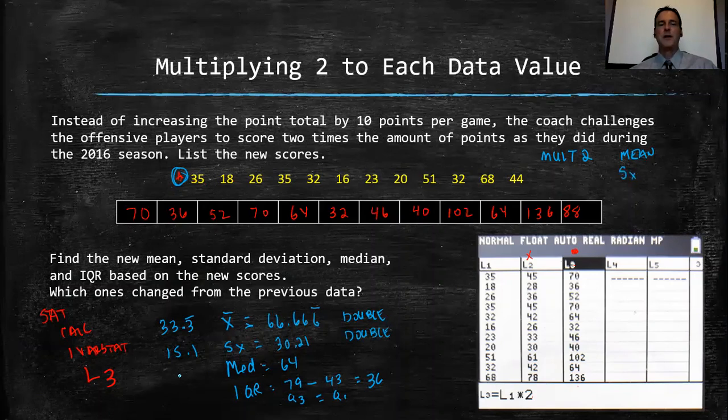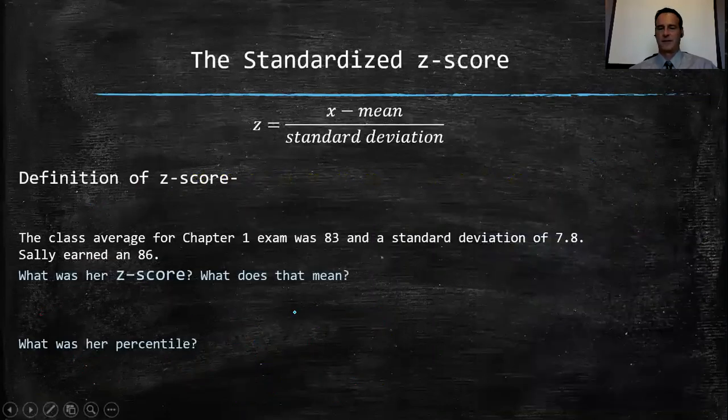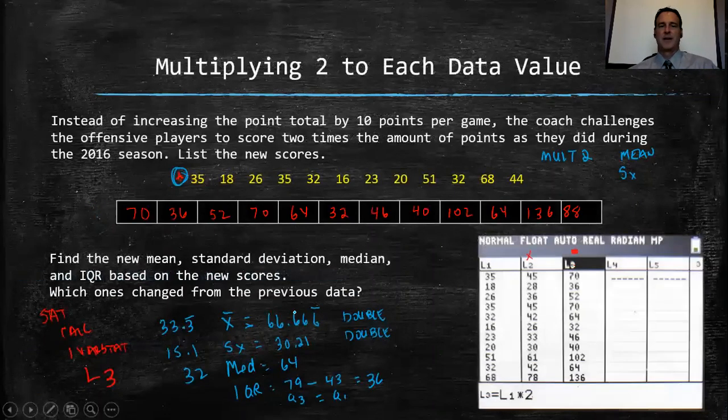Our median before was 32 for the original data. Now it's 64. I don't know why it's doing that. This is also a double. So it does affect your median. And your interquartile range, it did give me a new Q3, a new Q1, and the difference is 36.